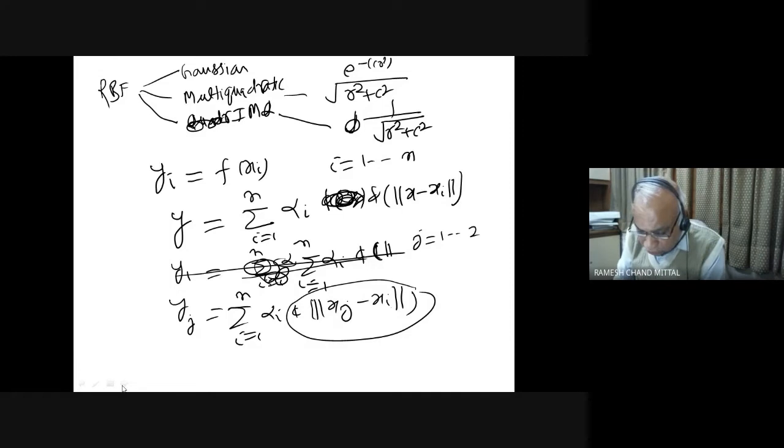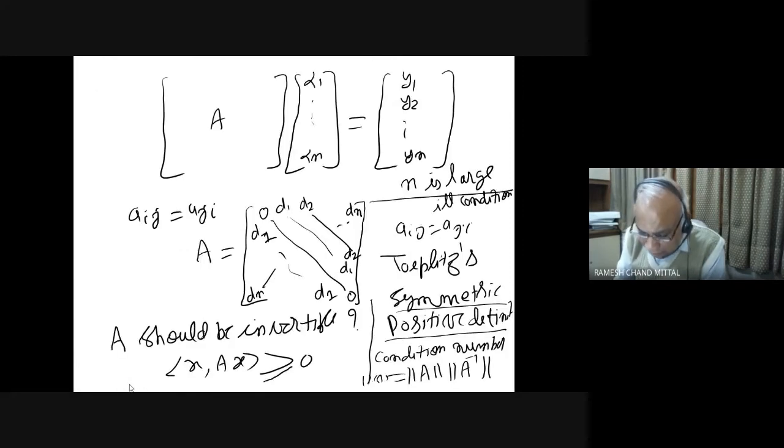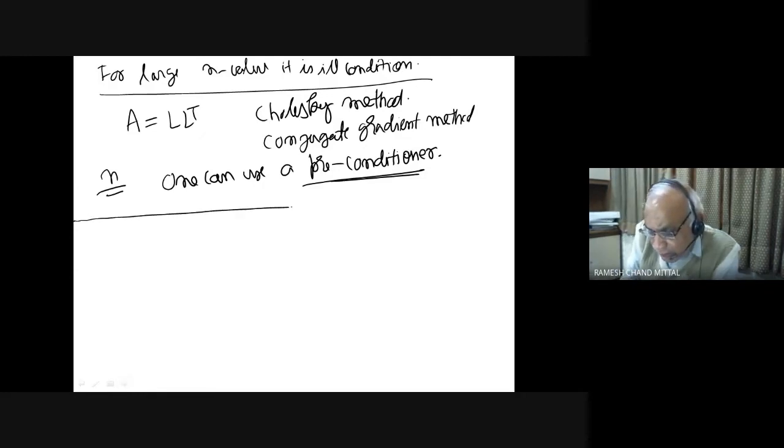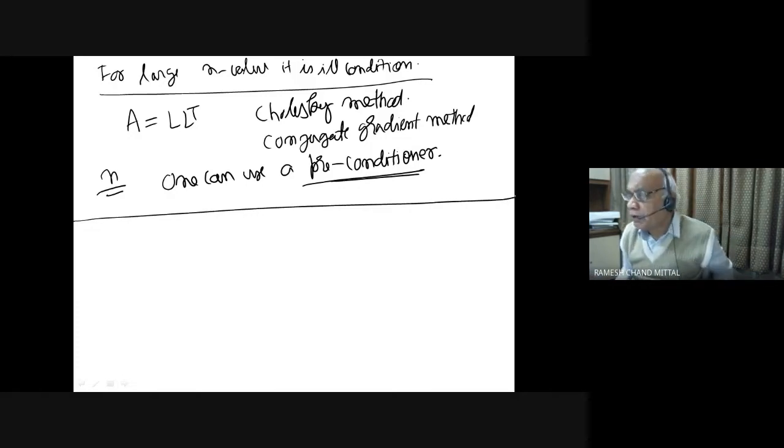The solution is possible, but for large n, it is ill-conditioned, and so one has to apply some kind of preconditioner and then the solution can be obtained. This much about the interpolation problem, because as you increase n, it becomes unstable and things are not good. But for a small n, it is done.